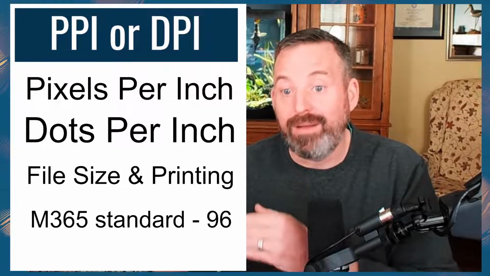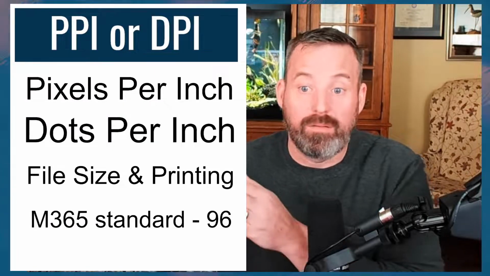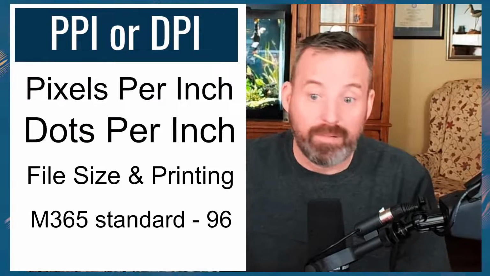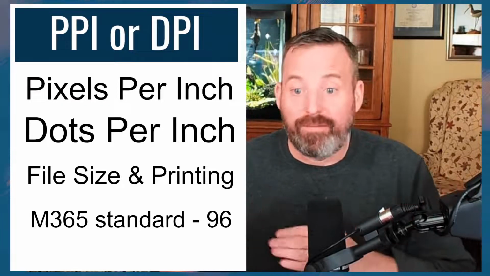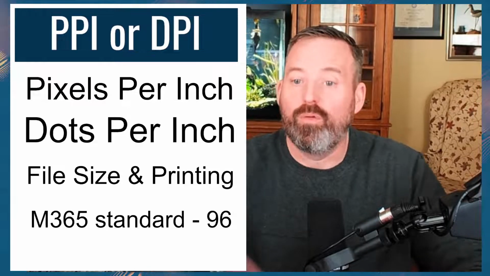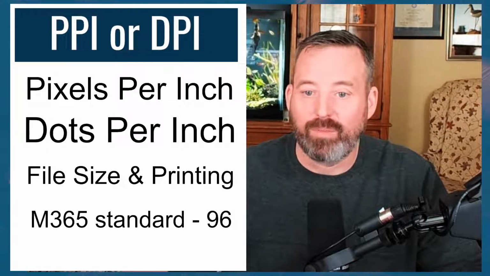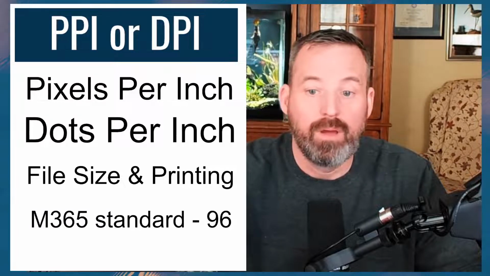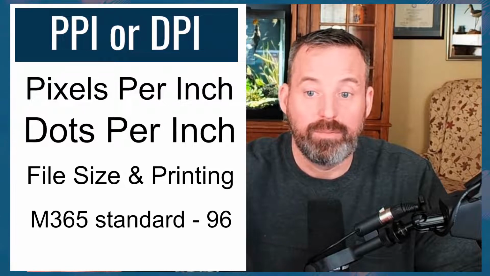Now, depending on the image type, JPEG, GIF, PNG, that can affect the overall look and feel and the size of that image. But by default, if you do a save as within PowerPoint, you are going to get 96 as your pixels per inch. All right, so that's my high level nerdery on this today.